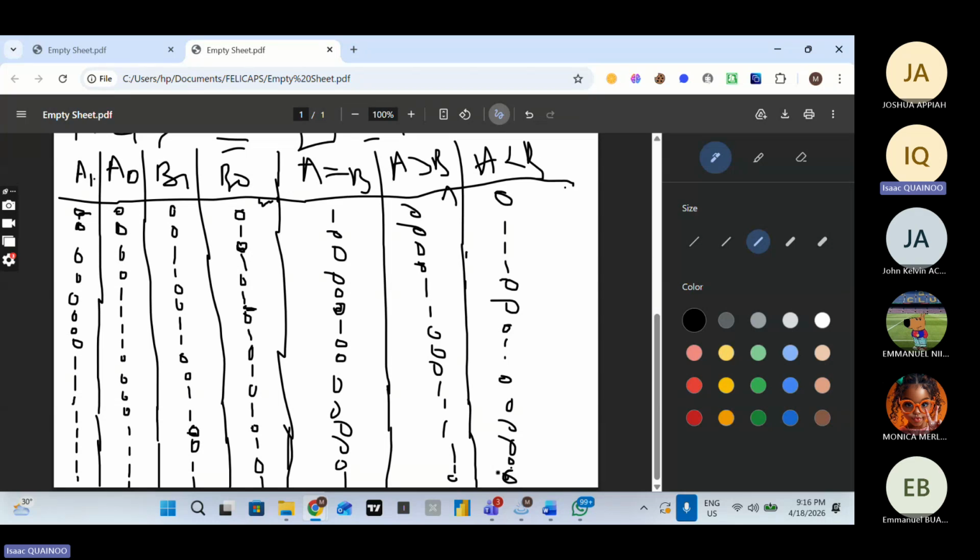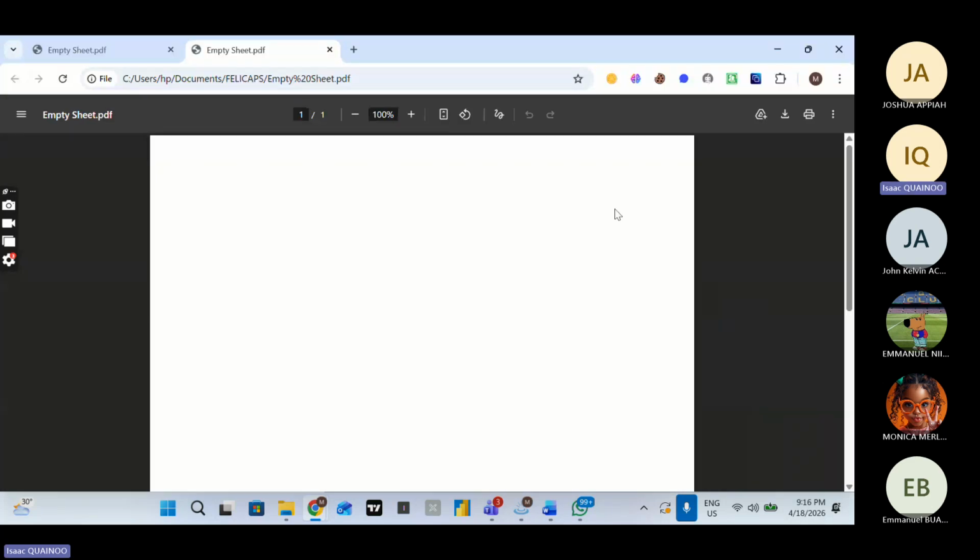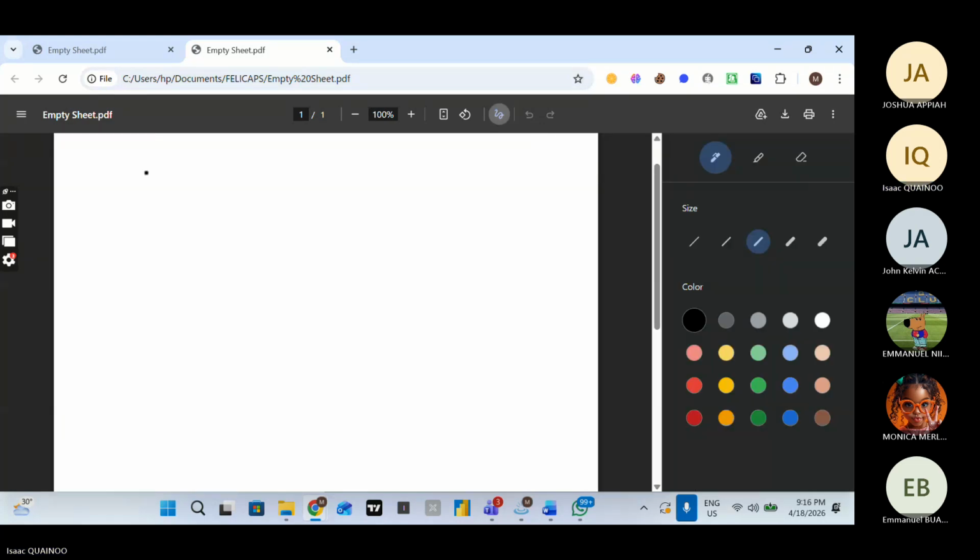So that's going to be our truth table for the 2-bit magnitude comparator. After we've gotten our truth table, we now look at the points where the output was 1, and then we use that to deduce our logic expression. So deducing your logic expression for equality, which is A0, A1 being equal to B0, B1.